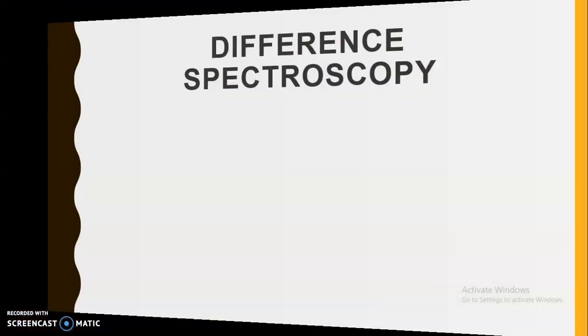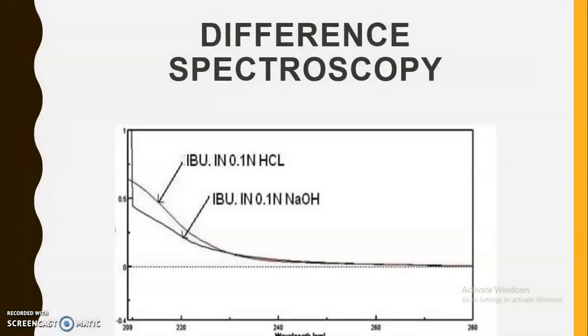Now I will show one graph which will give you an idea about how to use this particular difference spectroscopy. Here you can see that we have plotted a graph of ibuprofen in 0.1 normal HCl and 0.1 normal NaOH. So here at 220 nanometer you can see the absorbance of both the solutions is different.